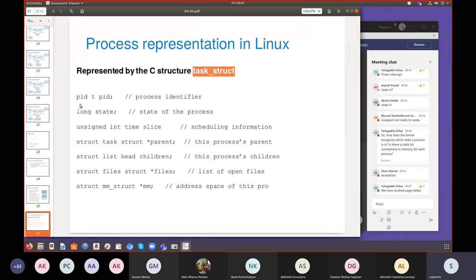Typedef kind of thing. It's basically an unsigned integer. But yeah, PID underscore T is a typedef version of that. So that is the process ID. Then see long state. Right, so state is the entry which will contain the state of the process. It's of type long. And then there are many different bookkeeping entries. Right, so basically the kernel uses this kind of a structure to store the PCB of a process.